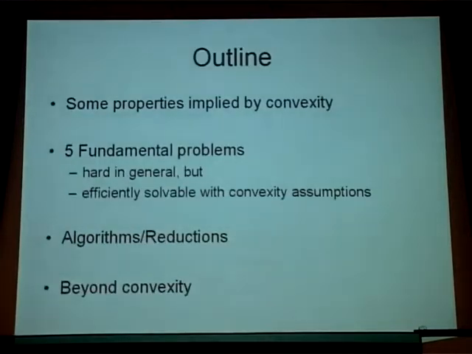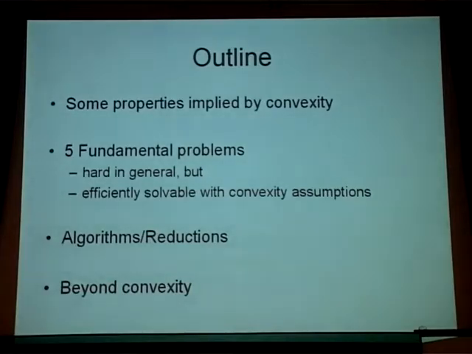Okay. So here's the outline of my talk. I'll begin with some properties implied by convexity. Just a quick sample of some of the more basic ones that seem to play a major role. And then we'll look at 5 fundamental problems which are all hard, intractably, impossibly hard in general, but efficiently solvable, at least in some general settings, with the assumption of convexity. And then some algorithms, reductions between these problems.